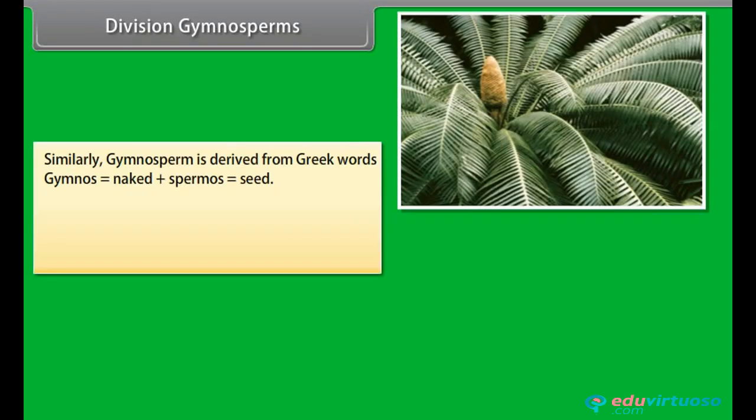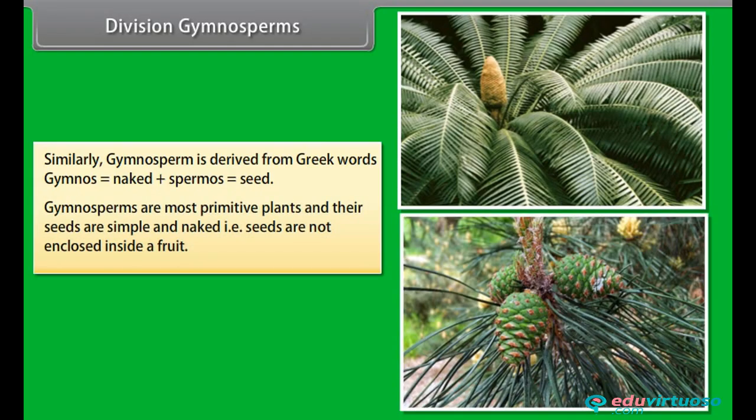Division Gymnosperms. Similarly, gymnosperm is derived from the Greek words gymnos, which means naked, plus spermos, which means seed. Gymnosperms are the most primitive plants and their seeds are simple and naked, that is, seeds are not enclosed inside a fruit.